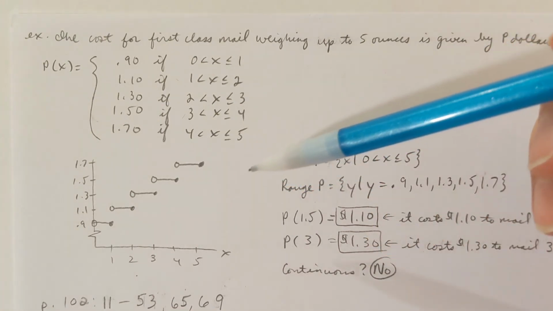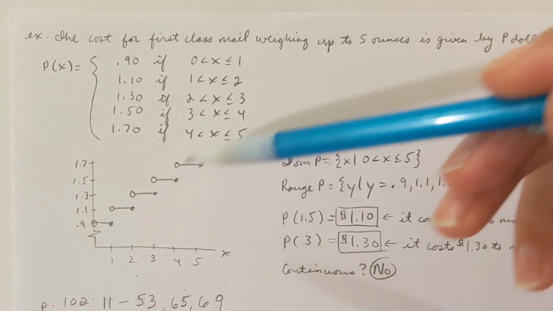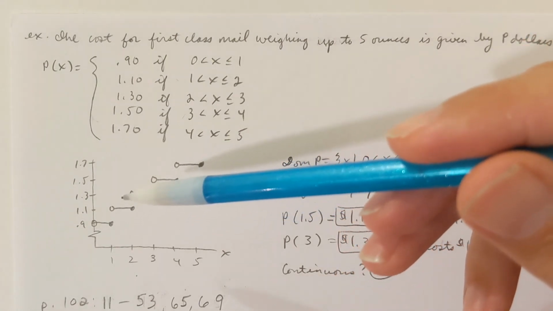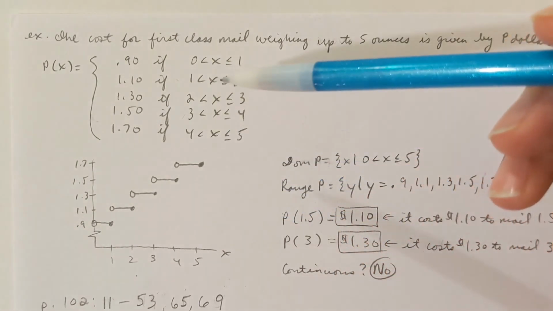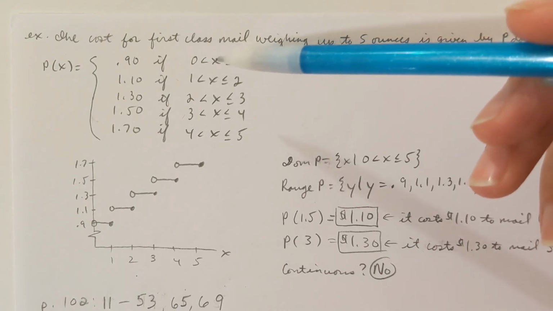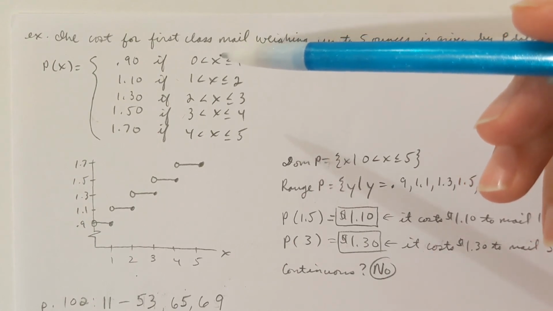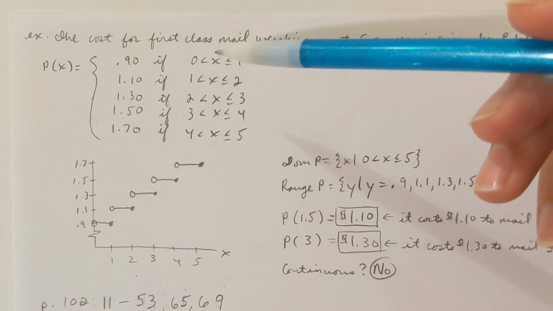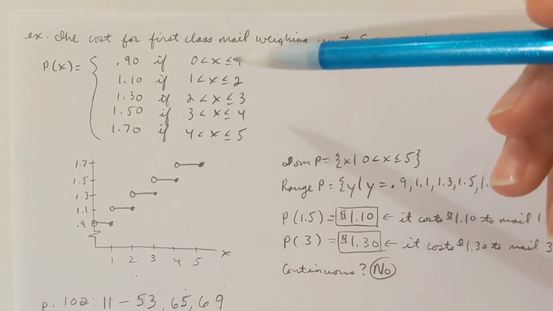In fact, it's not possible to mail something that weighs less than or equal to 0 ounces.